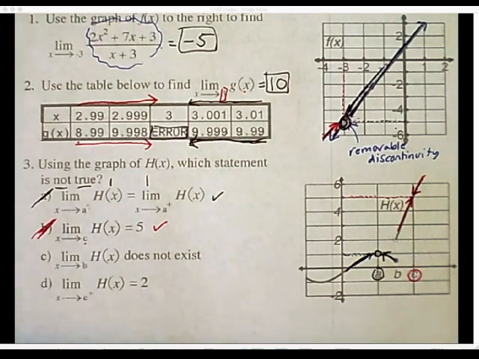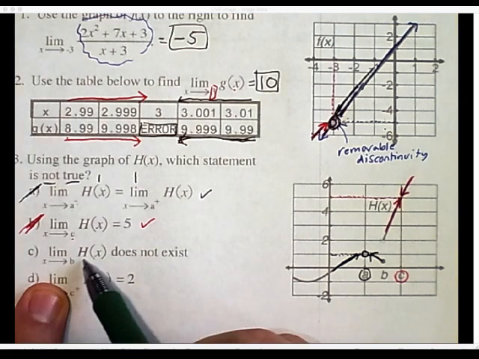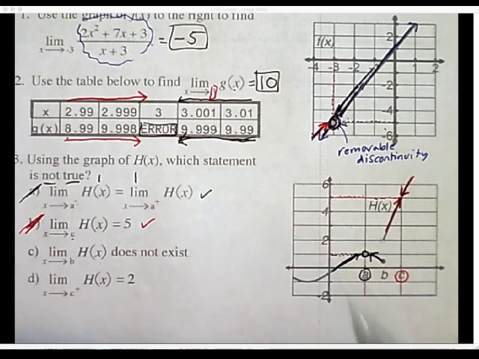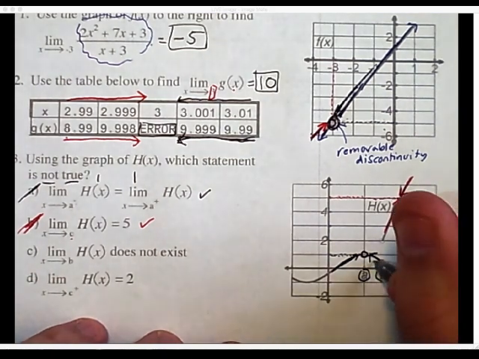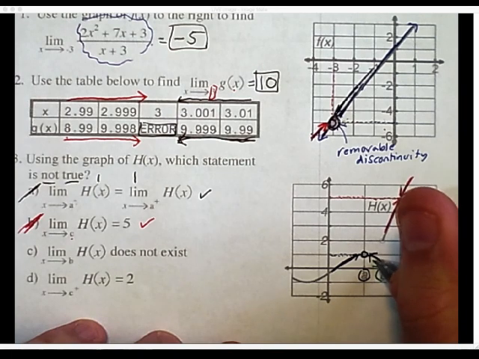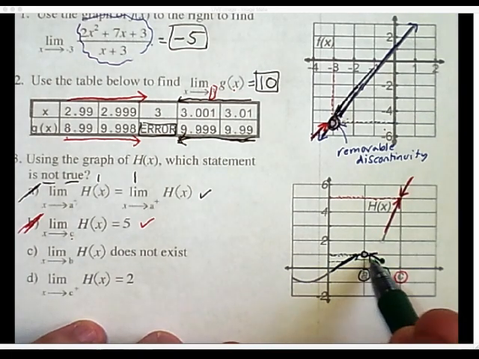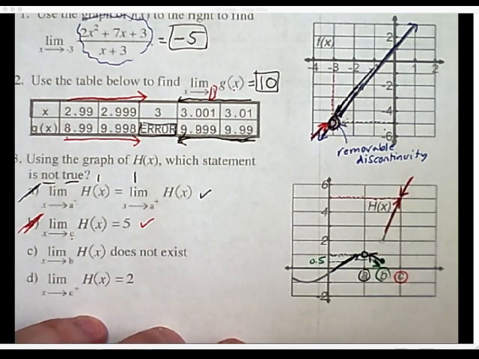Now what about part C here? It says the limit of h of x as x approaches b does not exist. So here's b. So what happens is I get closer and closer to b coming in from the left. It looks like the left limit would maybe be about 0.5, a half.